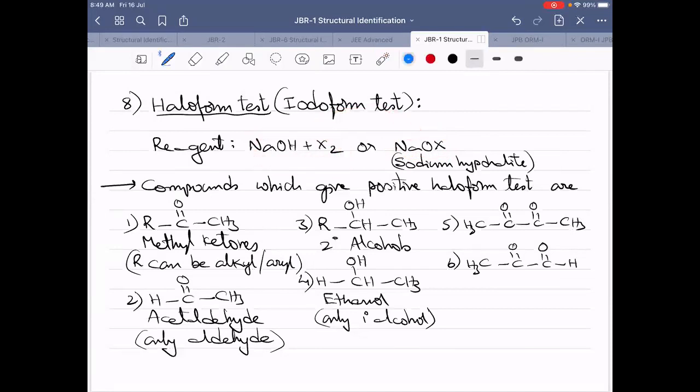Actually, what happens is NaOH will react with X2 to give NaX plus NaOX plus H2O.